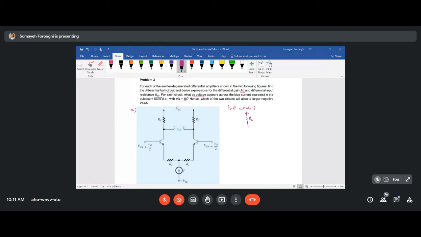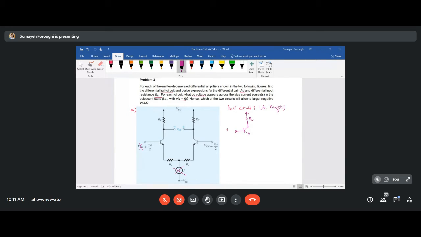So this is your RC, and you just have to break it like this. This part will simply be your half circuit. So you will have RC, then you will have here your half circuit, which will always be shown in AC analysis. You know that in AC analysis, that current source will be an open circuit, VCM, which is a DC voltage source, will go to 0.